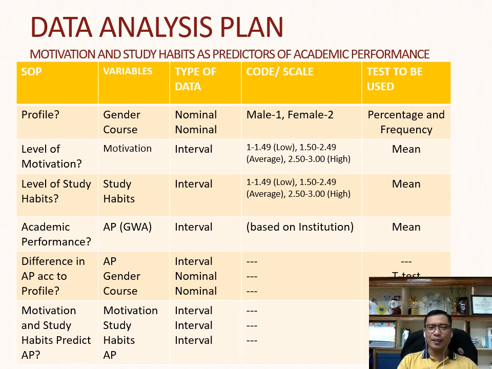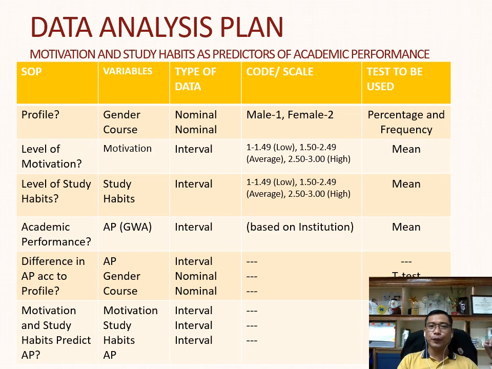And in this question about difference, since you would be asking about the difference on gender and course, and for gender there would be two groups, then you would be using t-test. For course there would be many, then you should be using ANOVA. For motivation and study habits, whether they predict academic performance, all of them are interval data.